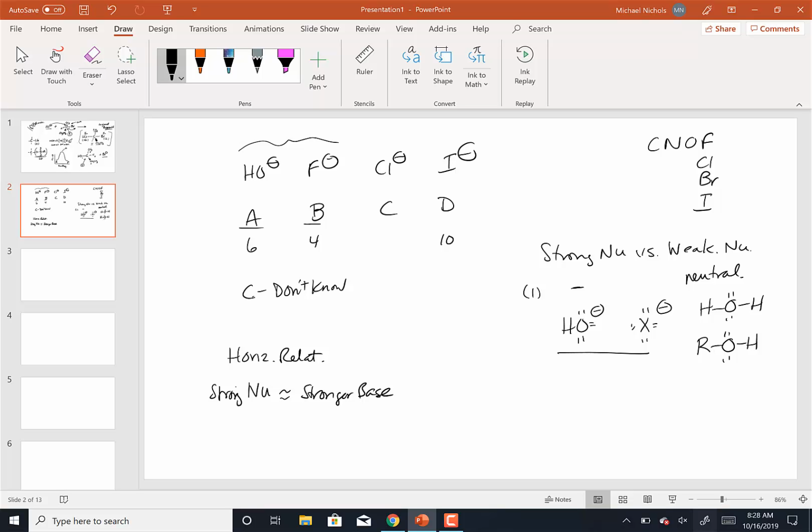So when we have 2 atoms or molecules related horizontally on the periodic table, the stronger nucleophile is the stronger base. That's a direct relationship. So when I look at hydroxide versus fluoride, which one of those 2 is the stronger base? Hydroxide or fluoride?